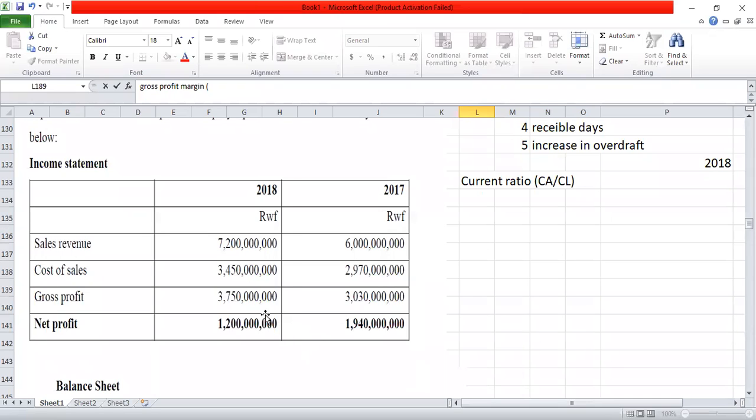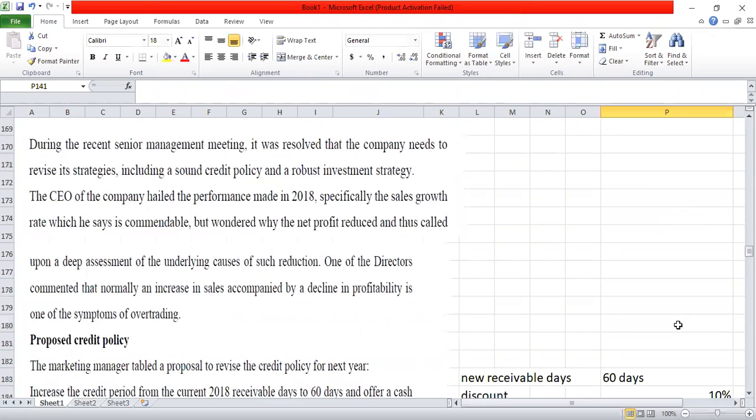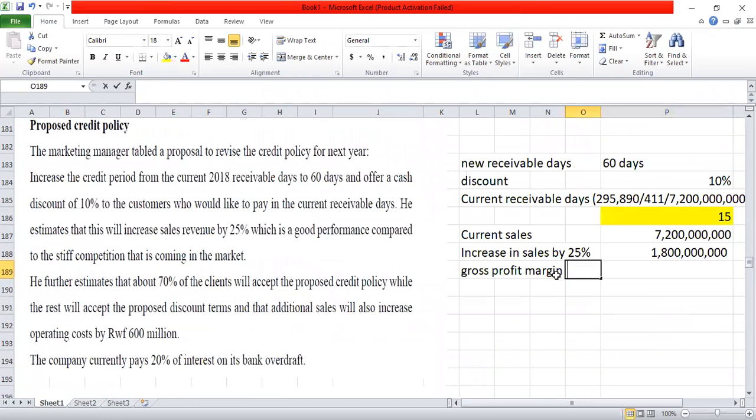This is our gross profit, 3,750, divided by 7,200, which is 52.1%.